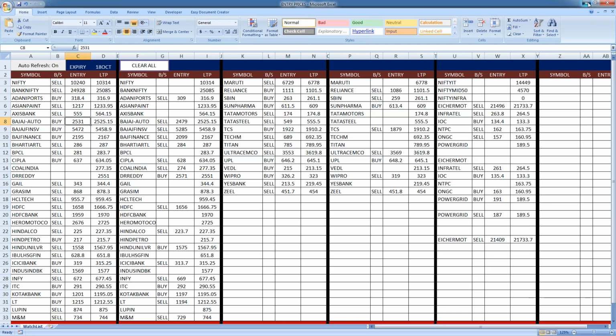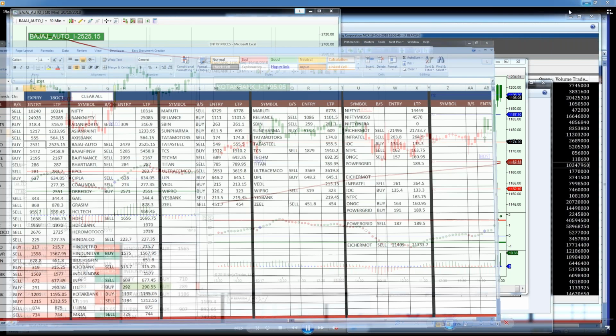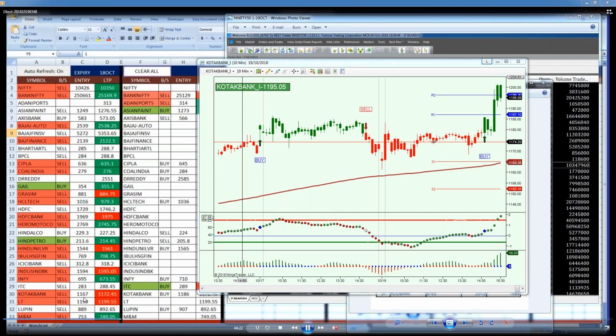You can see that I gave a sell call at 1167. This was a mistake, and it was actually moving up. We made some minor loss there.